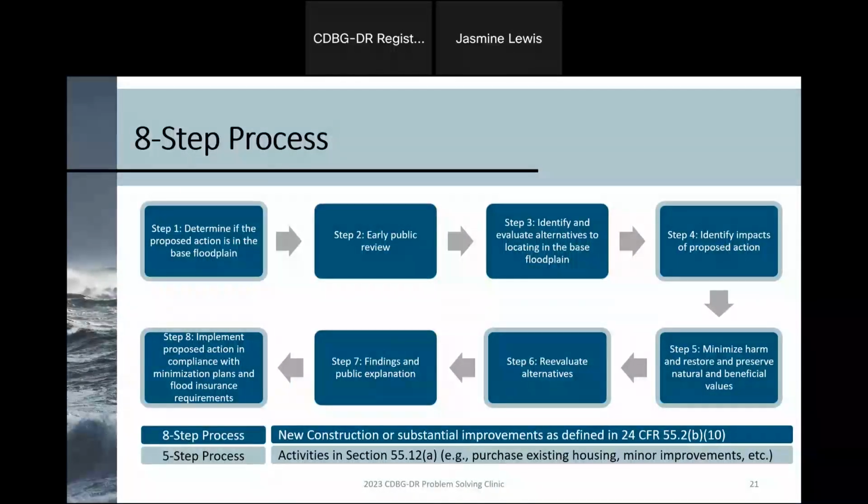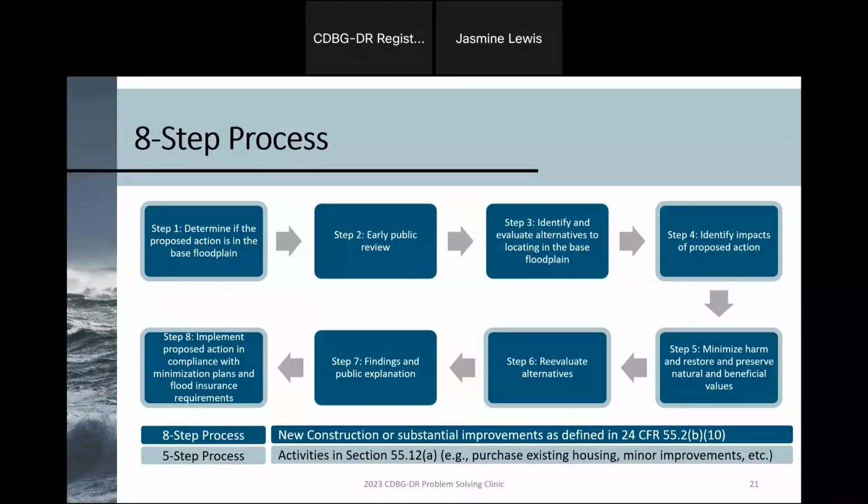That may require conducting different analyses. It may require reconfiguring your building, repositioning the building on the site to remove it out of the floodplain, but also incorporating different materials. So if you have a parking lot, maybe utilizing more pervious materials to help with soil absorption as well.